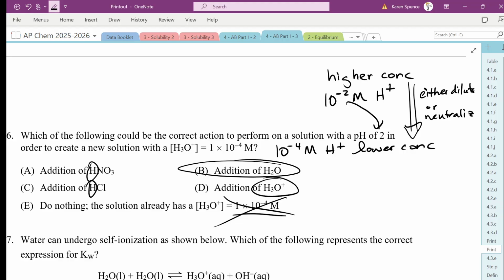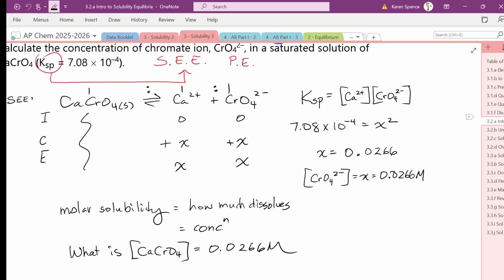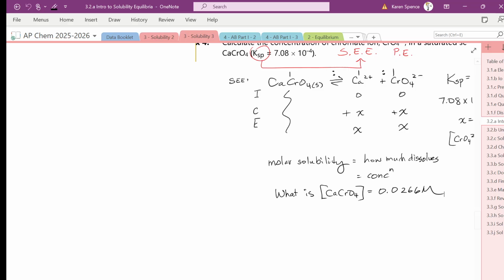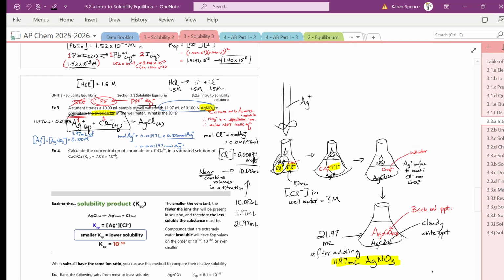Okay. If that's the case, then we will carry on with solubility, and we were somewhere around page, yes. Yeah.